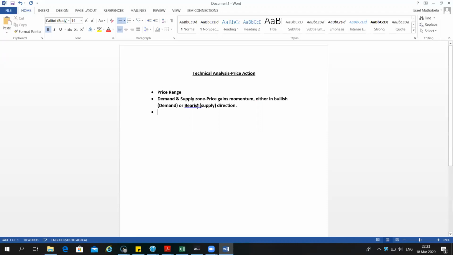So the second thing that we need to identify is the trend, right? We need to understand what direction the trend is facing. The trend can either be bearish or it can be bullish.